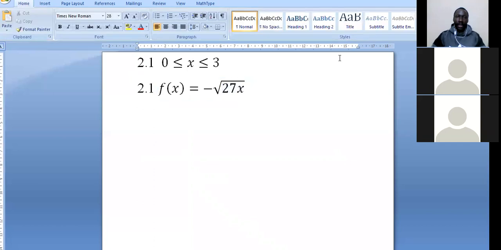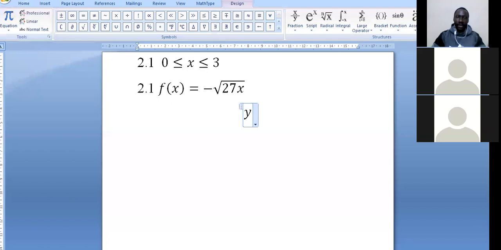Now, the steps in finding the inverse function f. The first one is to let some other value. In this case, we let y equal to this value, which is minus square root of 27x. So that is the first step.